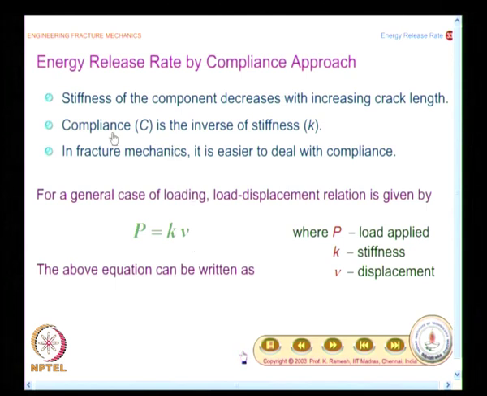We have already seen compliance is the inverse of stiffness. So, when you substitute for K, I would get the expression V equal to CP. These are all very simple expressions. In fact, we would go and do the calculations for constant load and constant displacement.